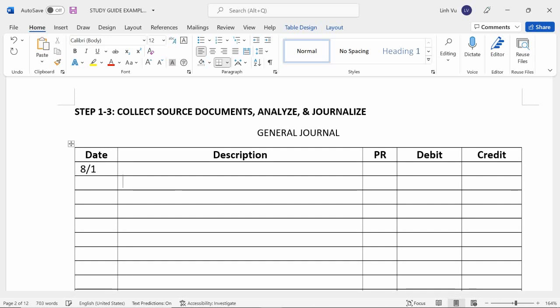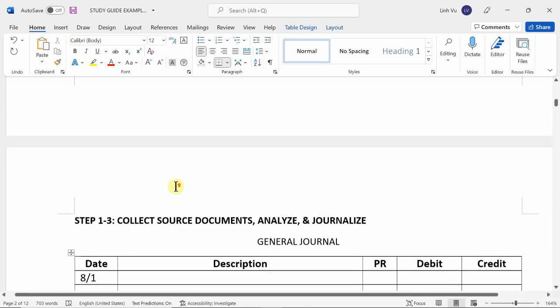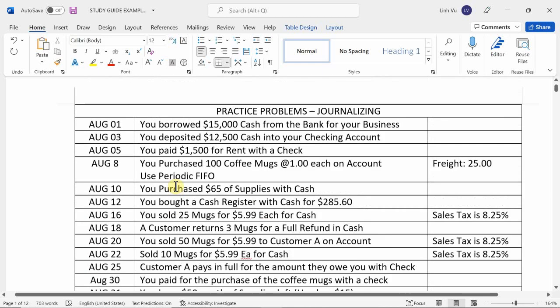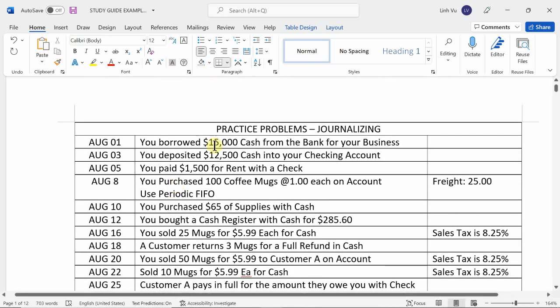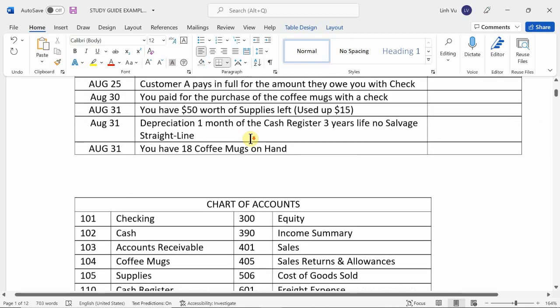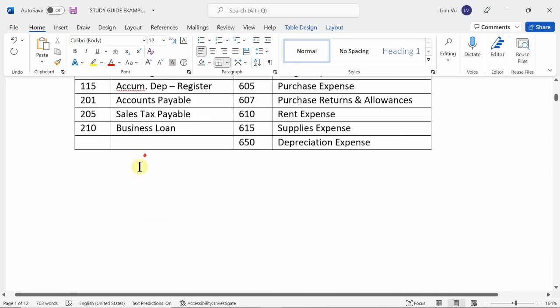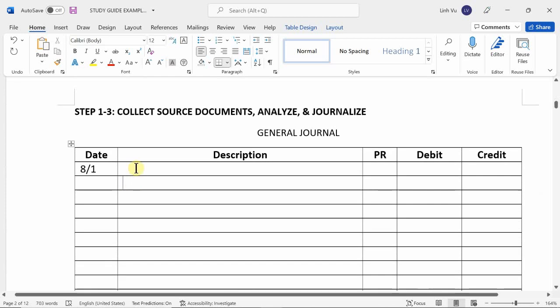Now, upon that business loan, since it's a liability, what should I be receiving from that loan? Well, I borrowed $15,000 cash, so that means I received cash out of this, which is account number 102.